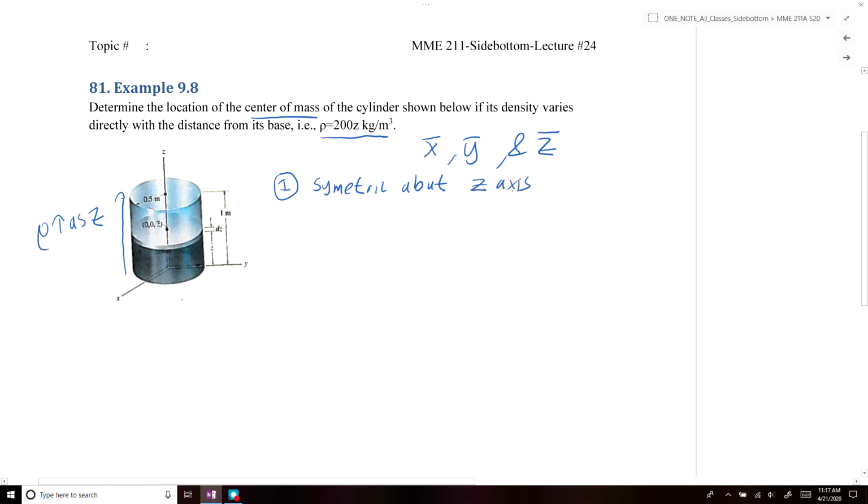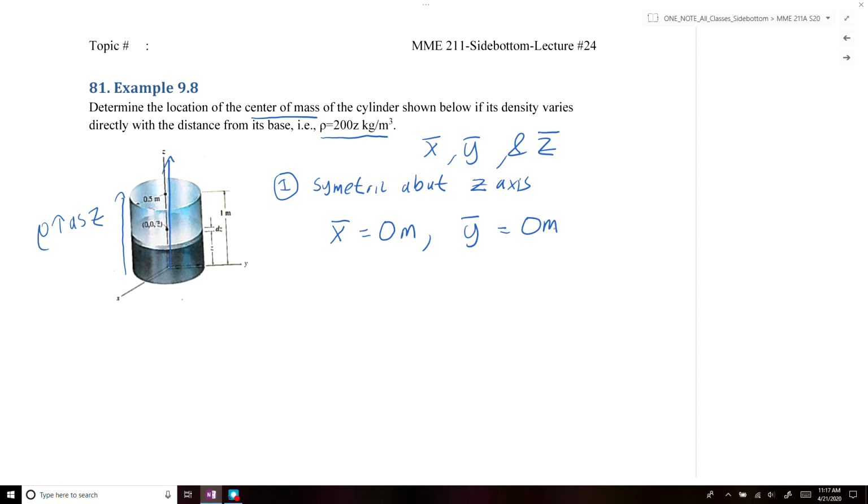Since it's symmetric about the z-axis, we know that the center of mass of our rigid body, x bar and y bar, are both going to be equal to 0 meters. There's no way that the location of the x centroid and the y centroid is not going to be equal to 0 meters based off of where the cylinder is located.